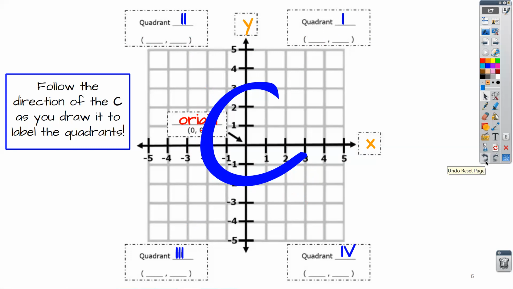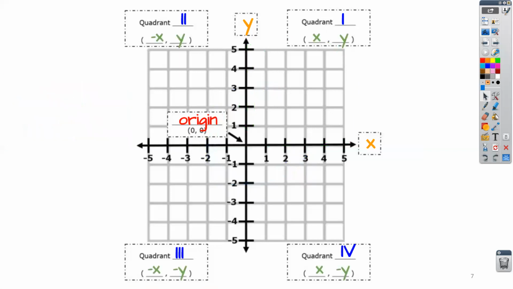Now, if I look at each quadrant, and I look at my X values and my Y values, you're going to notice that in quadrant 1 the X values and the Y values are both positive. So in the box, label X, Y. In quadrant 2, you're going to notice the X values are negative, which is why it says negative X, and the Y values are positive, which is why it just says Y, or I could say positive Y if I really wanted to.